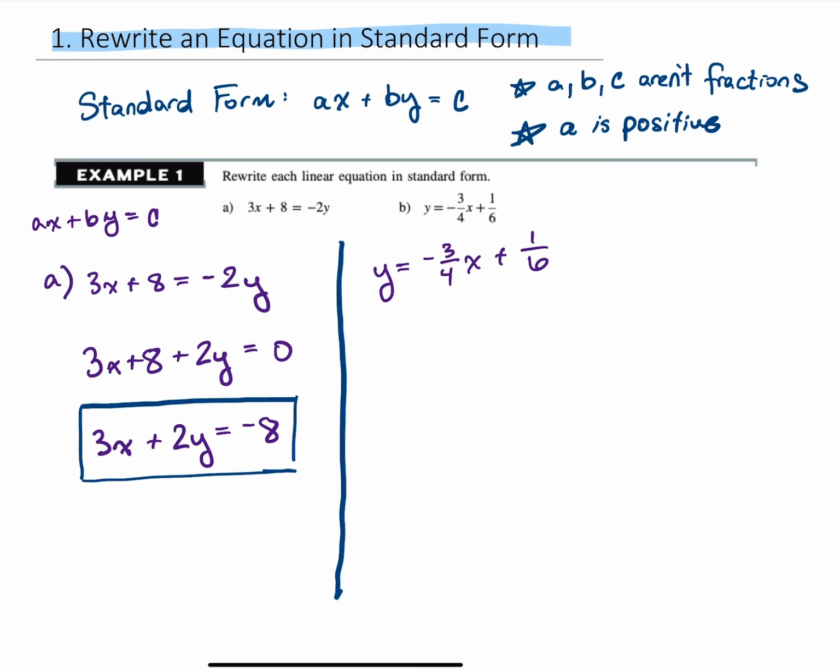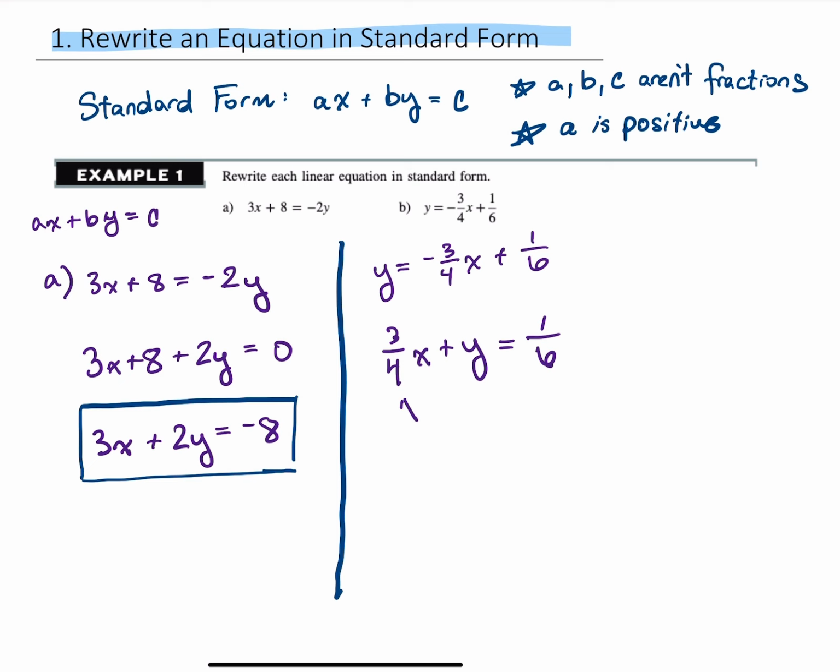So I'll end up, and I'll write the x term first. Positive 3 over 4 x plus y, because we had the y there already, equals 1 over 6. So we're almost there, but we don't want to have any fractions.